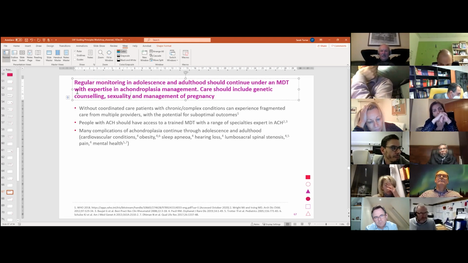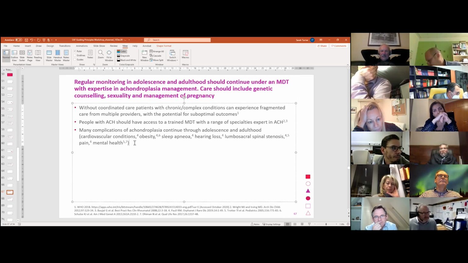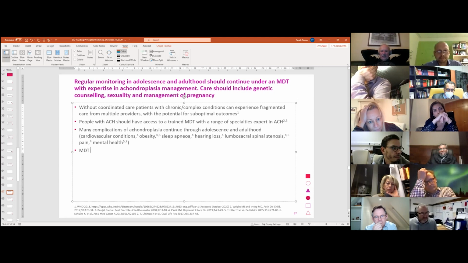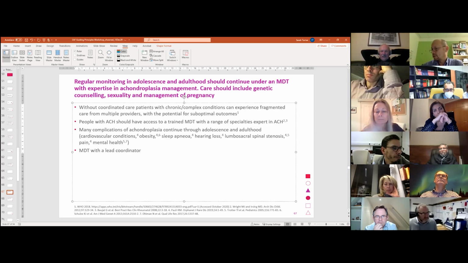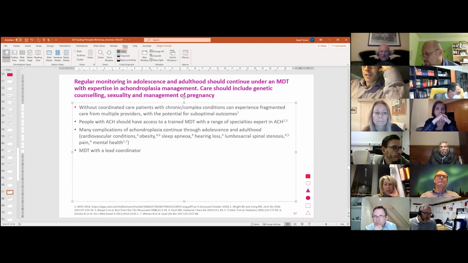We could add that a multidisciplinary team has a lead coordinator, because without a primary coordinator it just doesn't work. Yeah, that's correct. It's often a pediatrician, often a geneticist, sometimes an experienced nurse, sometimes a genetic counselor. It's different from one institute to the other.